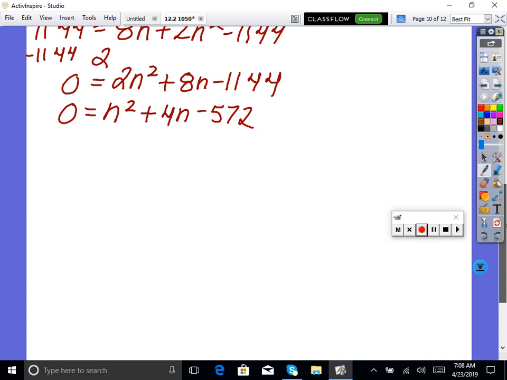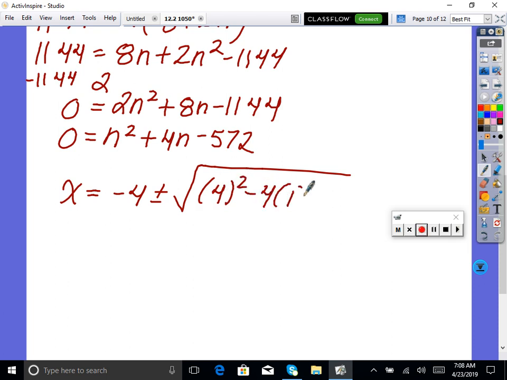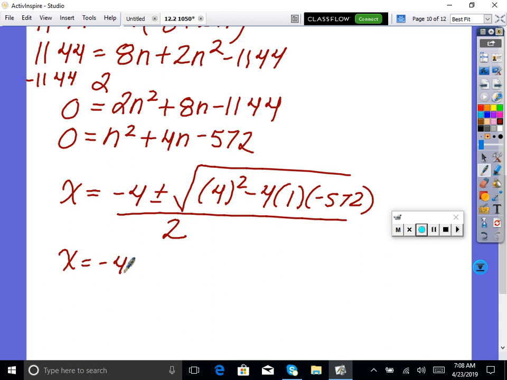So x equals negative b plus or minus the square root of b squared minus 4 times a times c, all over 2 times a. So we have x is equal to negative 4 plus or minus the square root of, let's calculate that, 16 plus 2288, so that comes out to 2304, all over 2.